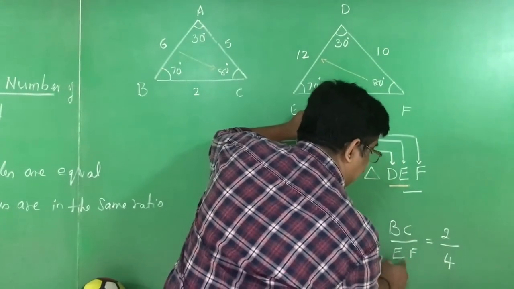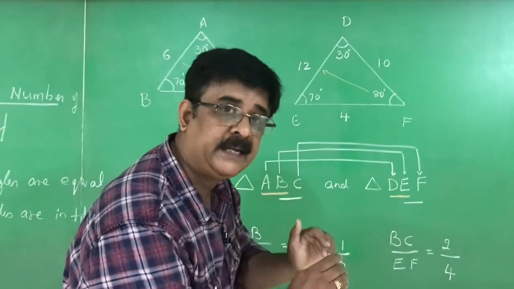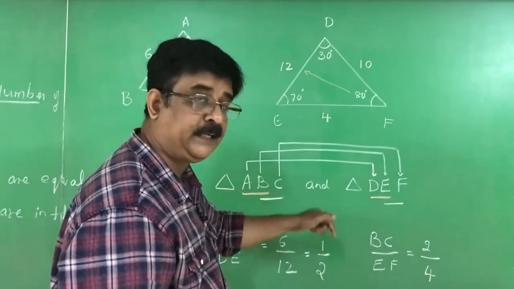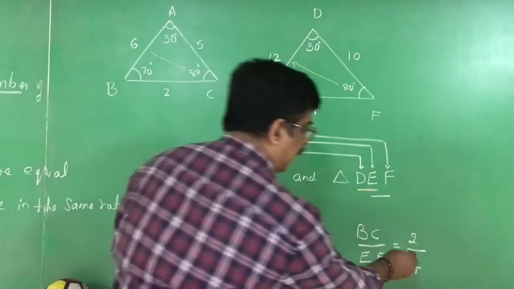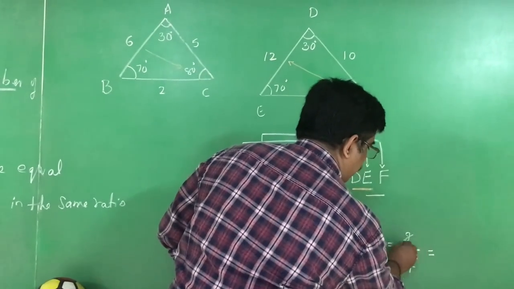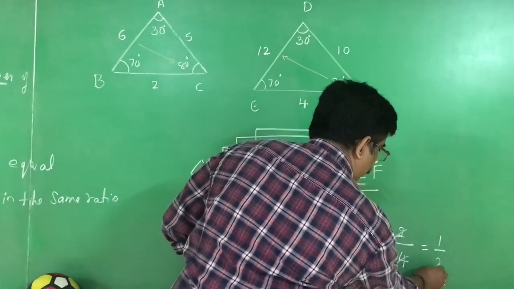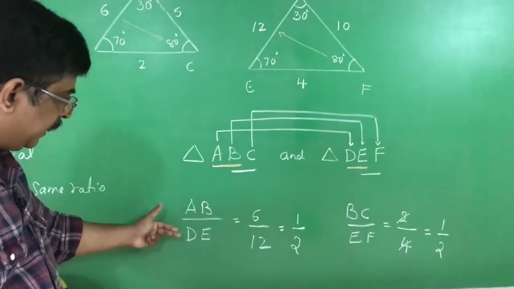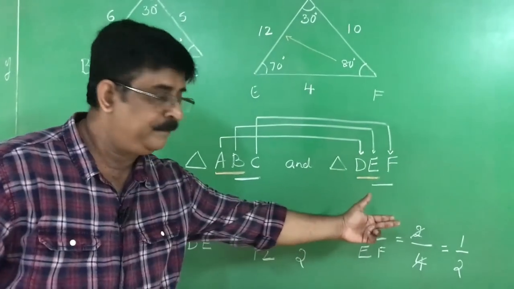BC and EF are what type of sides? They are corresponding sides. What are corresponding sides? Corresponding sides are the sides opposite to equal angles. I cancel this. 1 by 2. See? The ratio of the corresponding sides is equal.